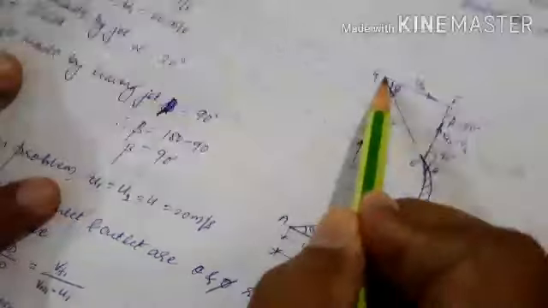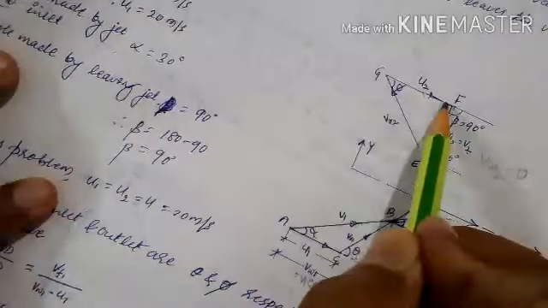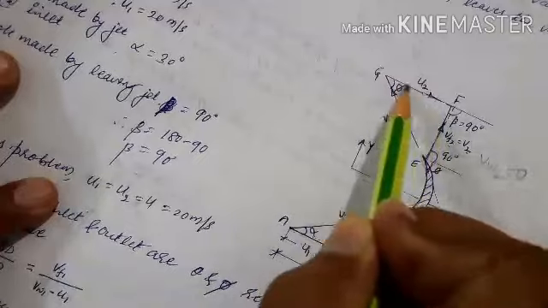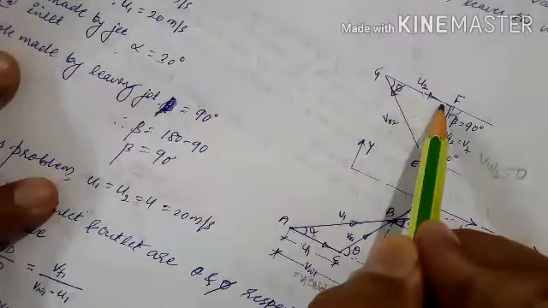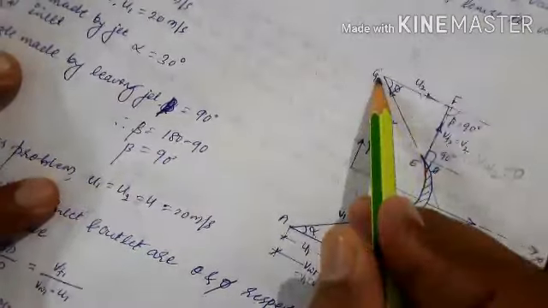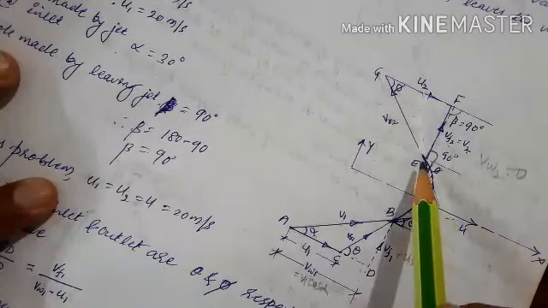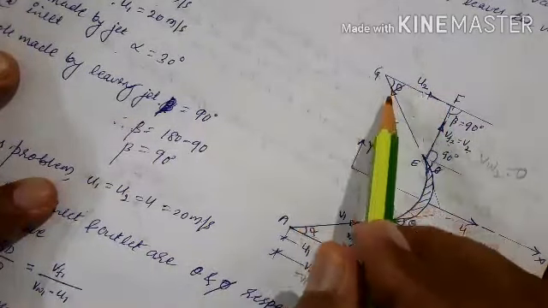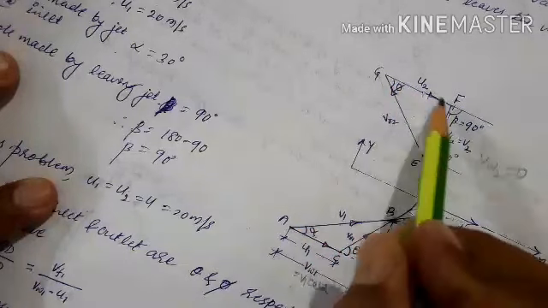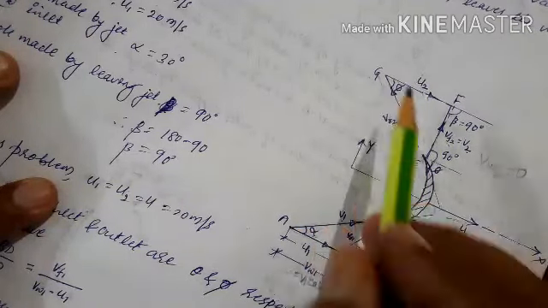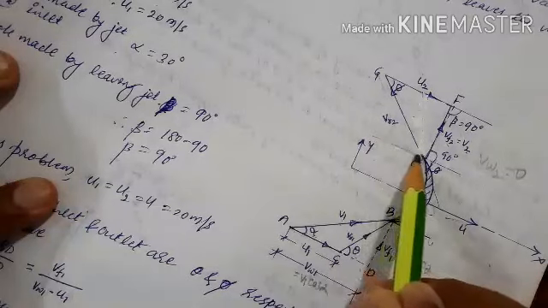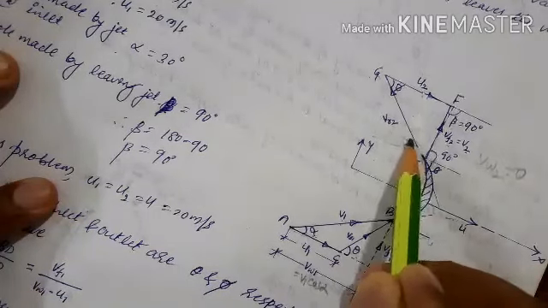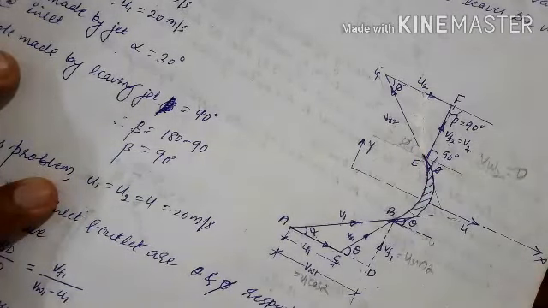Then this represents the direction of vane motion, u2, then this is Vr2. This triangle EFG is a right angle triangle, and this angle is phi, this also phi.